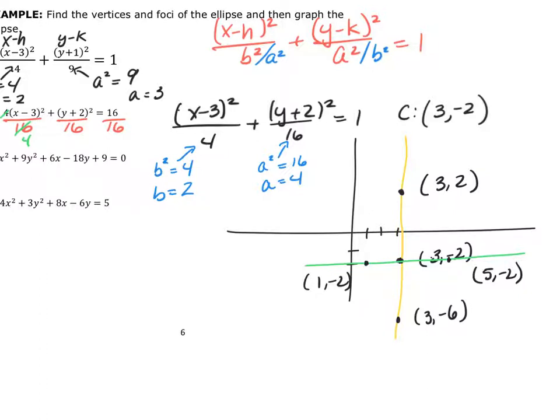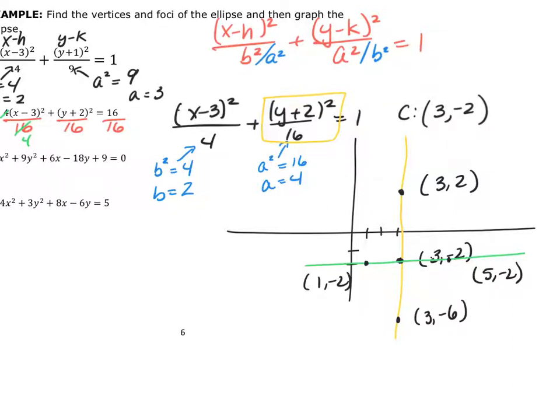If my center is the origin, then my majors and minors are along the x and y axes. But my majors and minors have to go through the center. To determine which one is the major, I look for the one that has the larger number. So the y part has the larger number, so I know that my major is going to be running parallel to the y-axis. So that's why I drew the line running parallel to the y-axis, but through that center.